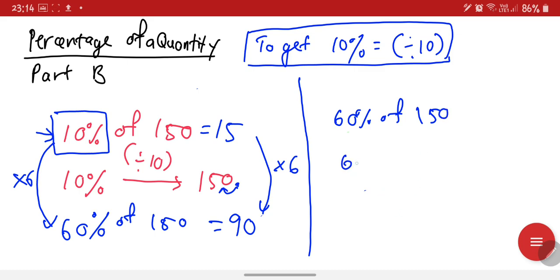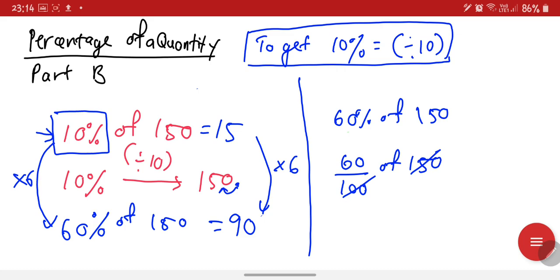You have to do 60 over 100, then of 150. You have to divide this. Then you only learned how to divide multiples of 100 by 100. So then we will have trouble.